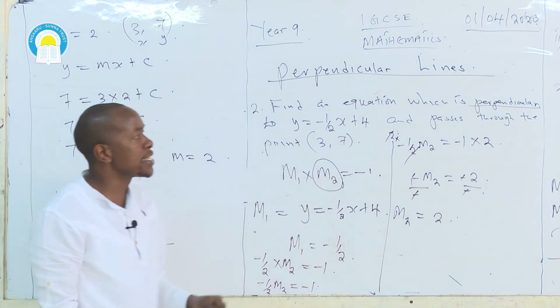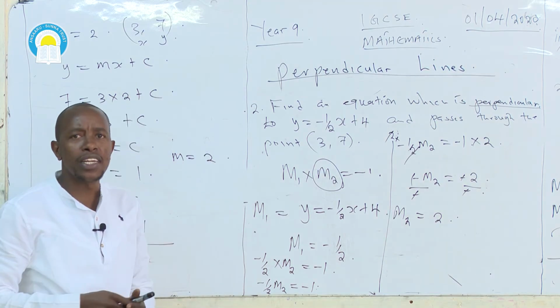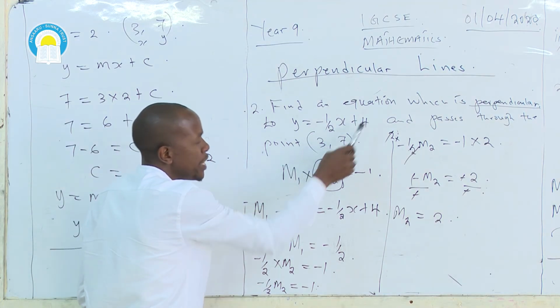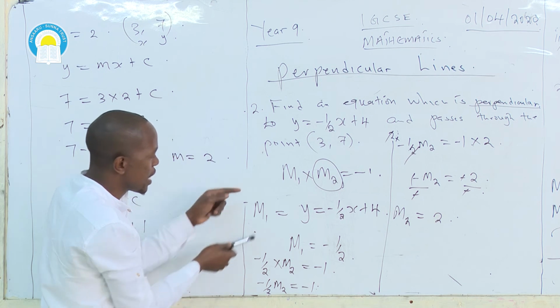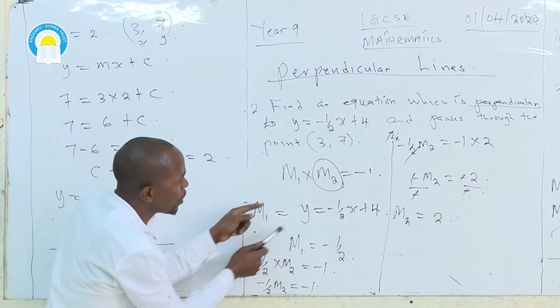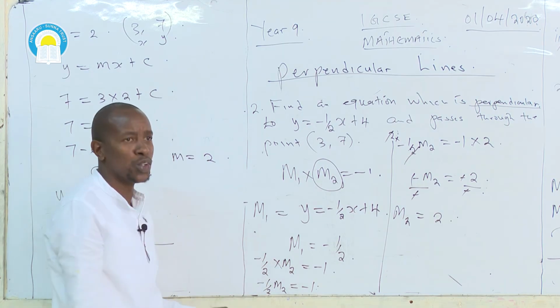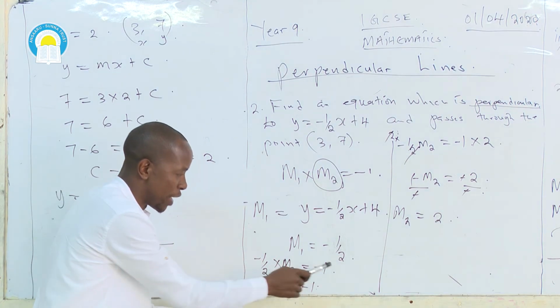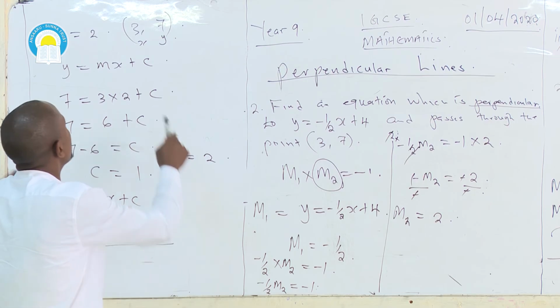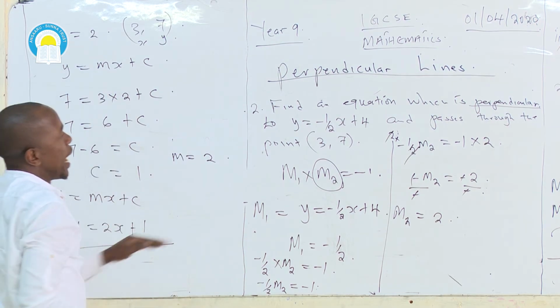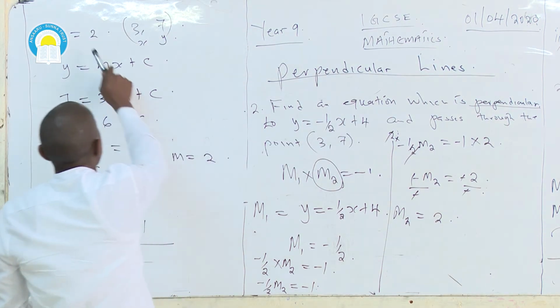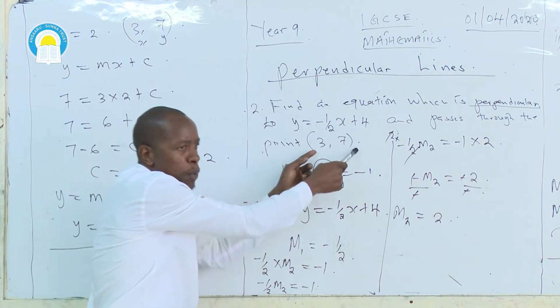When you know that, and you know how to state the gradient from the equation, it becomes easy to find gradient 1. Gradient 1, which is negative half, multiplied by m2 gives negative 1. When you work it out, you find that the gradient of the line you've been asked to find is 2. And you have been given the point.